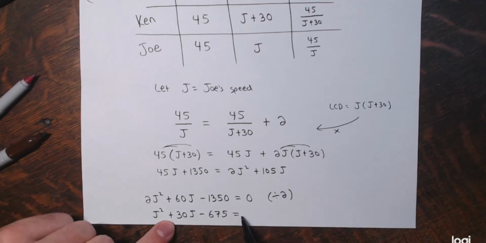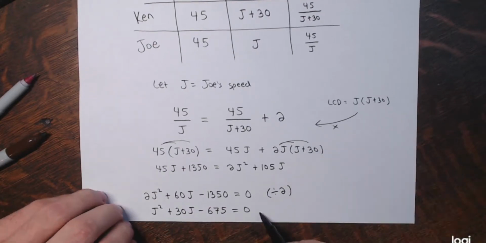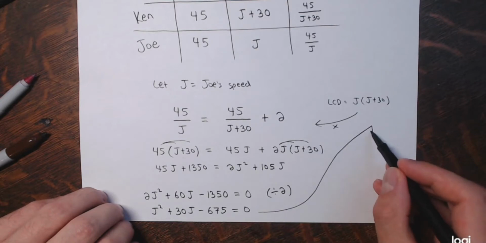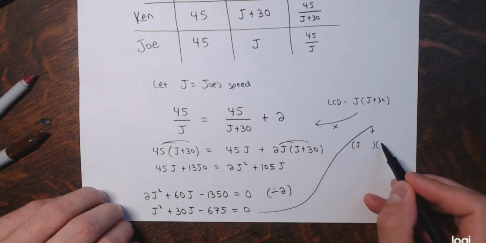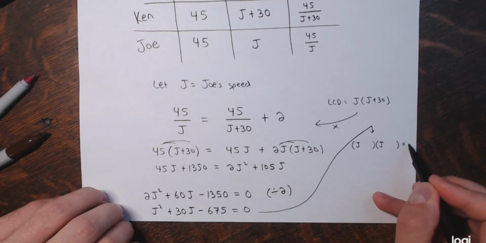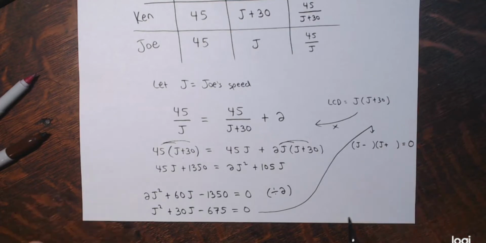Yep. And then I'm going to try factoring this. So I know one factor is going to have a J, the other factor is going to have a J. We're going to have a minus and a plus, right? I'm looking for factors of negative 675 that add up to 30.